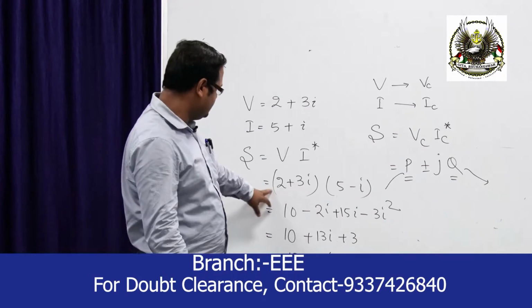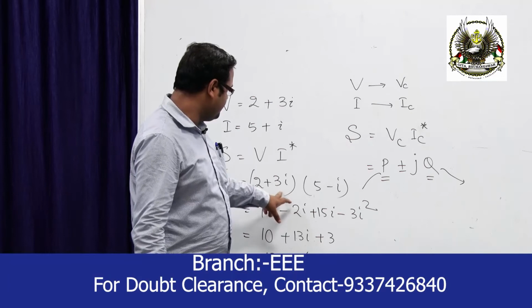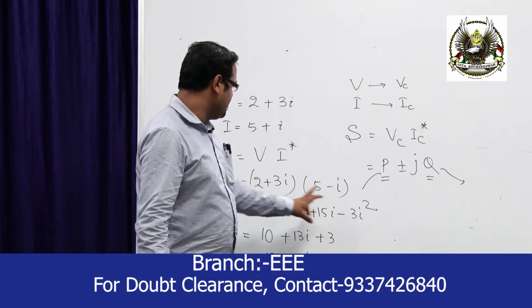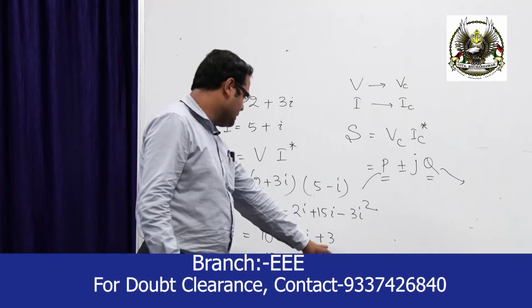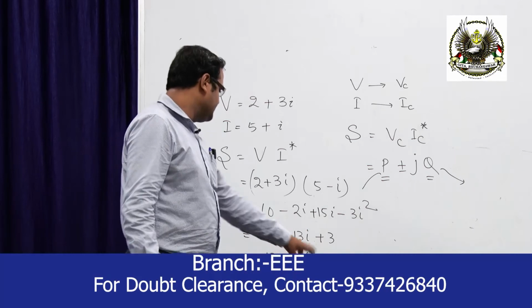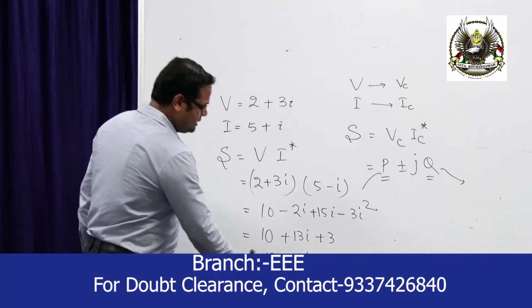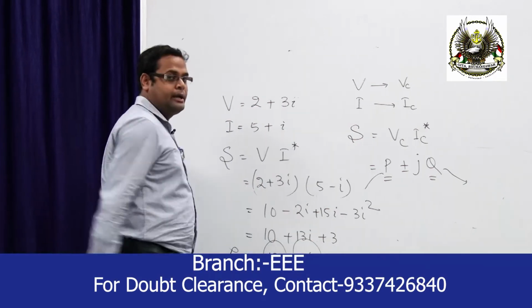Is it correct? Yes, 2 5s are 10. Let me verify: minus 2j plus 15j, minus 3j square. So, j square is equal to minus 1, so it is plus 3. 15 minus 2 is 13, 10 plus 3 is 13, yes. So, from this you can find this is the real power P and this is the reactive power.